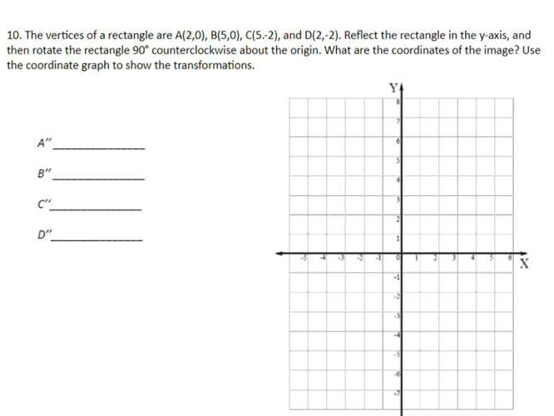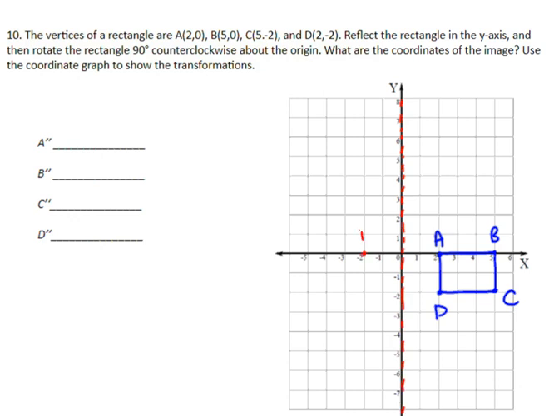All right, let's start by filling in the original shape. So now that I've drawn in the original shape, I need to reflect it over the y-axis. So that's going to be reflecting it over this line right here.